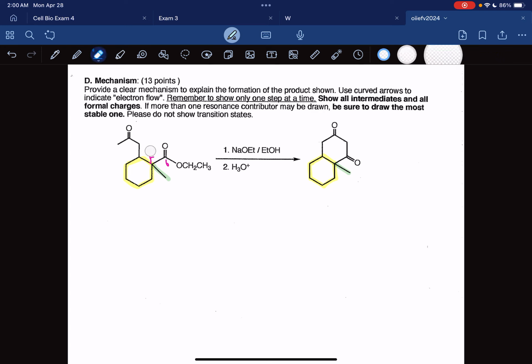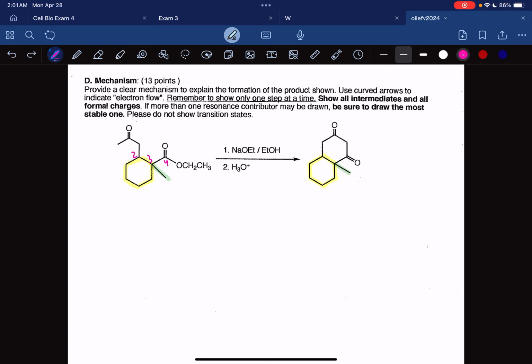But let's say, for example, you didn't start numbering there. Let's say you deprotonated here. So let's say you numbered this 1, 2, 3, 4. So you'd only get 4 carbons. That means that you shouldn't deprotonate at this position, because if you deprotonate at 1 and you get a minus charge here, and this carbonyl reacts, then you wouldn't get this 6-member structure.